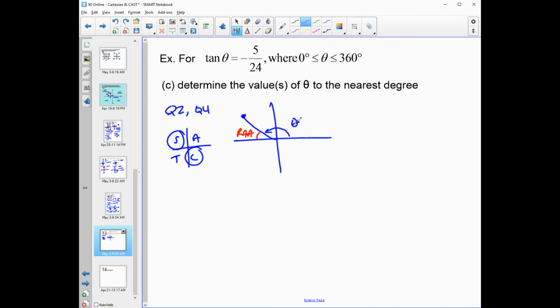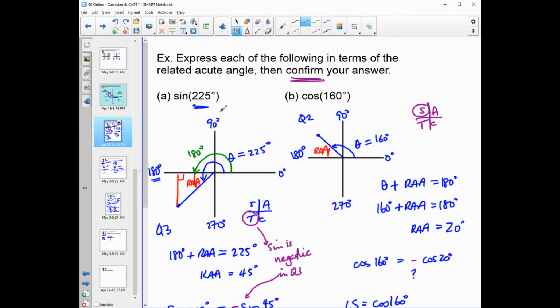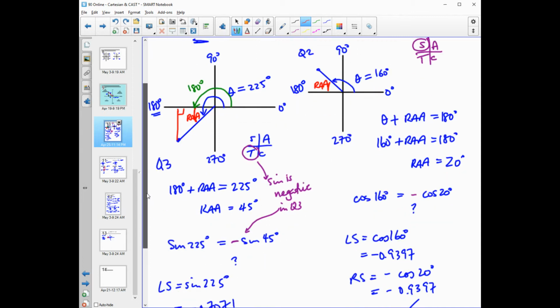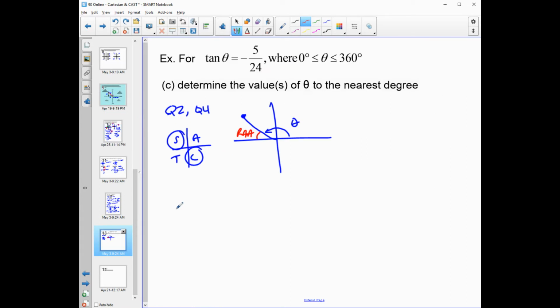Now, the related acute angle and the angle theta correspond to each other. They're the same in all ways except for possibly a positive or negative sign.